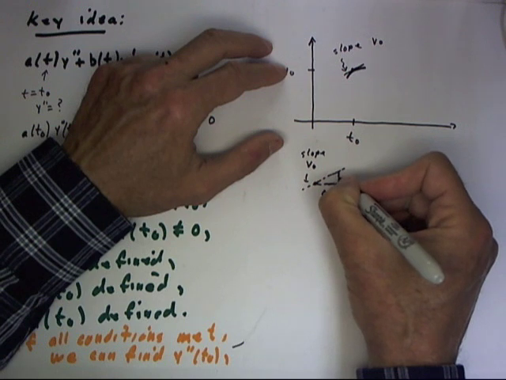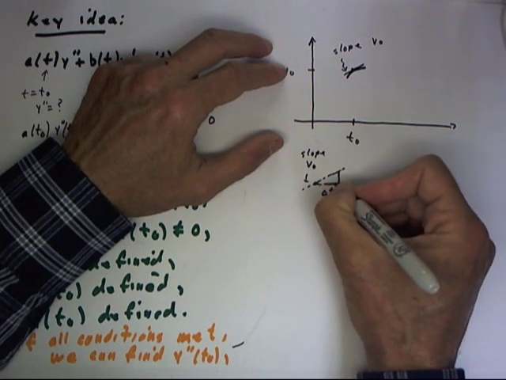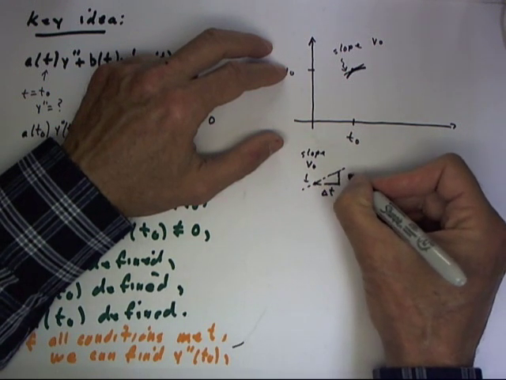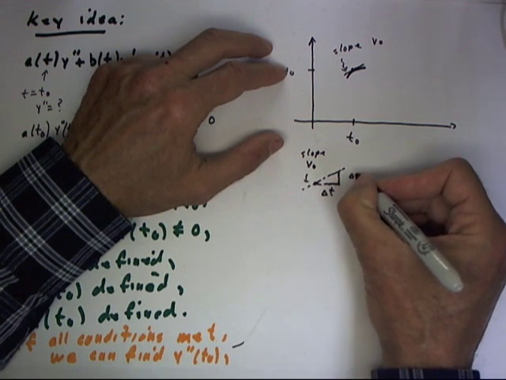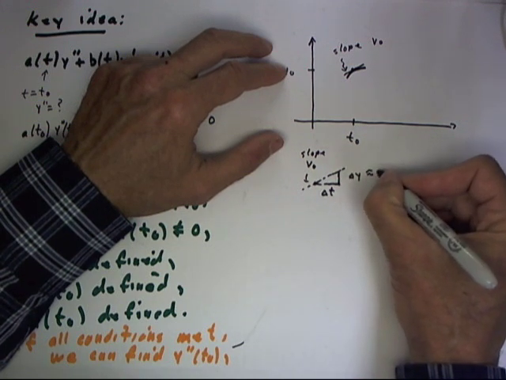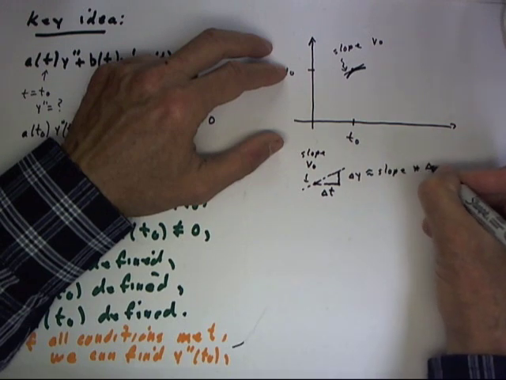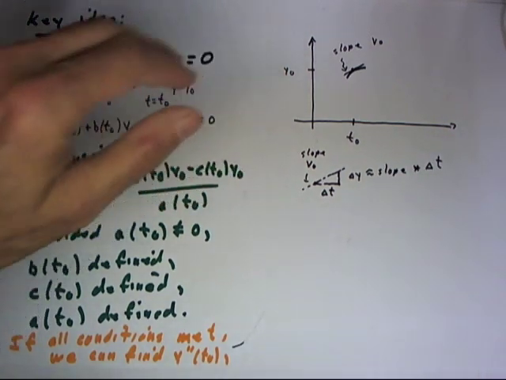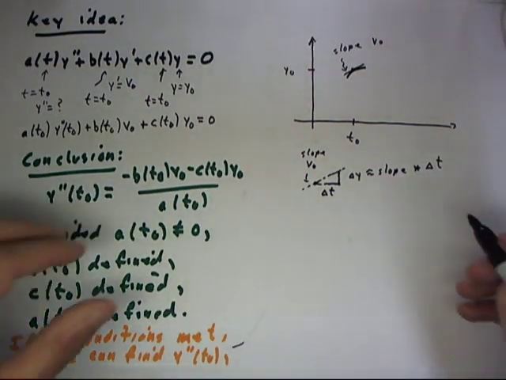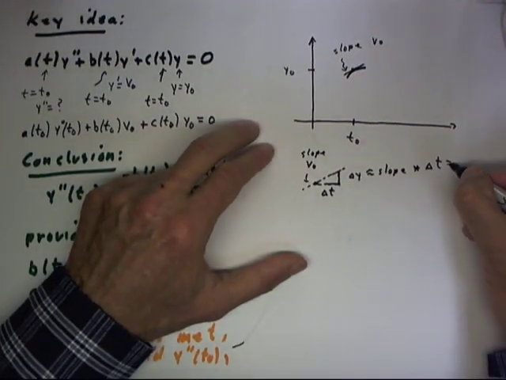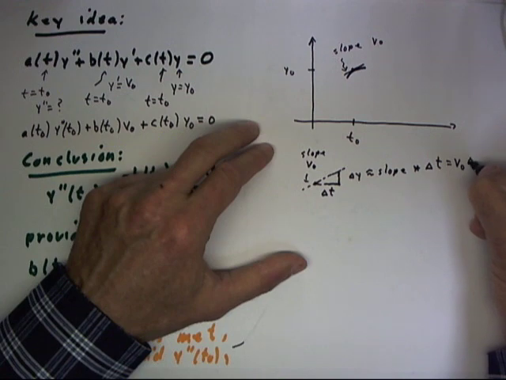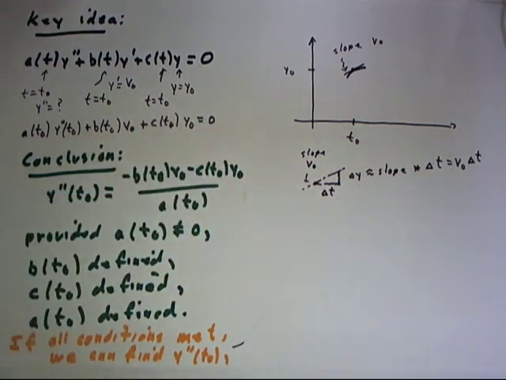and we know that having moved some distance delta t, we're going to have some change in y, which is approximately equal to the slope times delta t, which of course is v naught delta t.